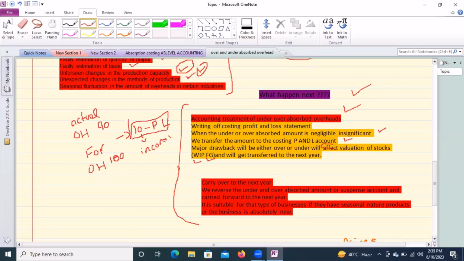This difference will basically go to the production cost, so we may be decreasing or increasing the value of work in progress and finished goods.